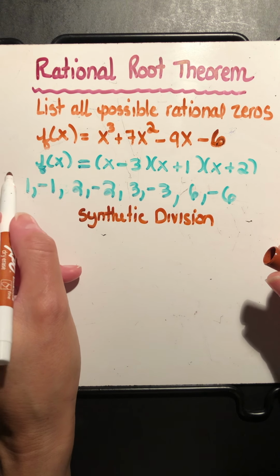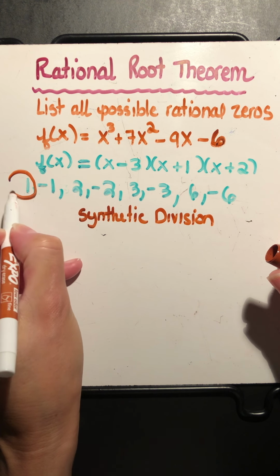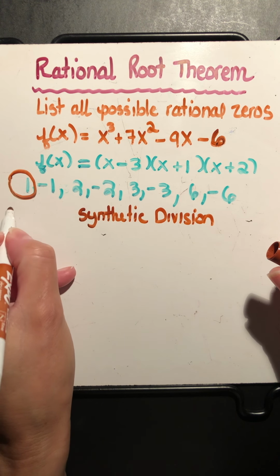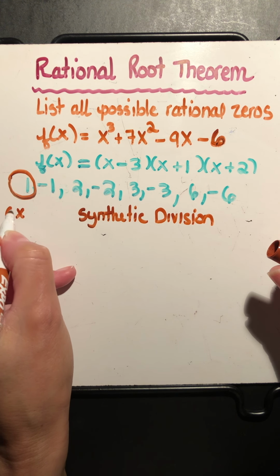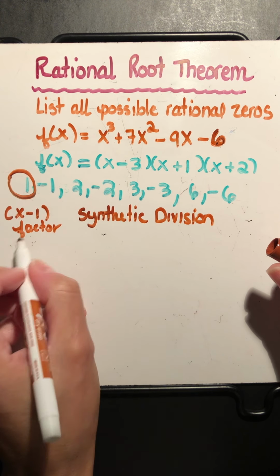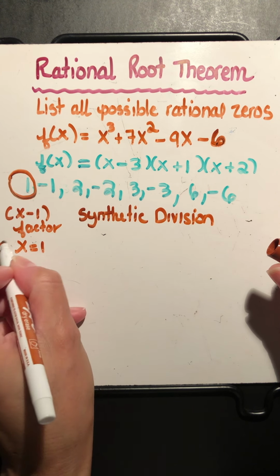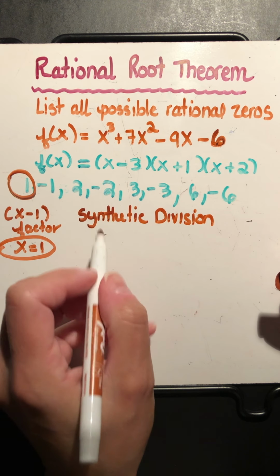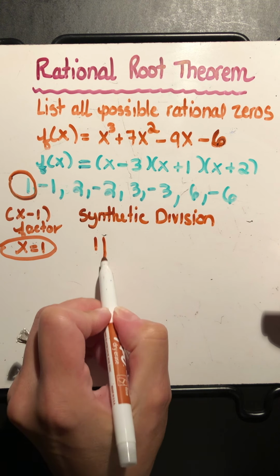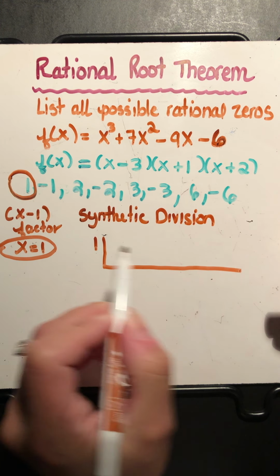Let's say we think that x equals 1 is a possible root, right? So remember, there's a difference. x minus 1 is the factor, but x equals 1 is the root, okay? So what you do is you put the root that you're testing, which is 1, on the outside of this box thing. Okay, you guys probably remember this.